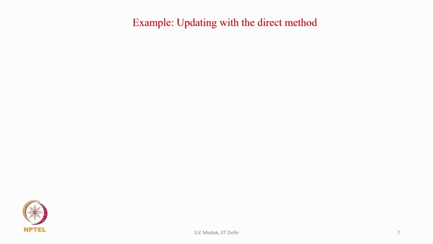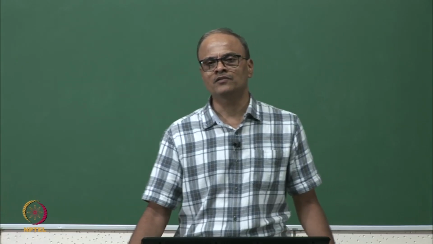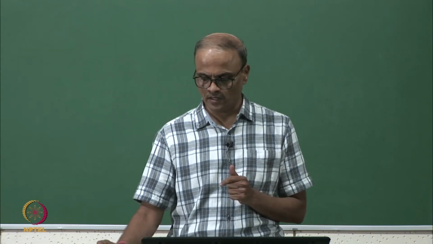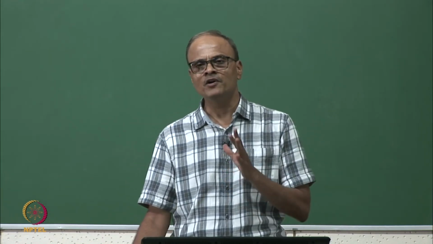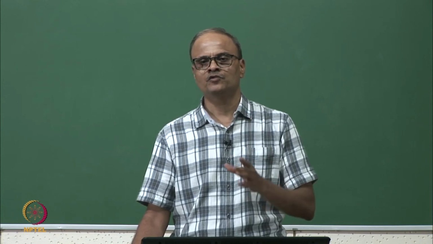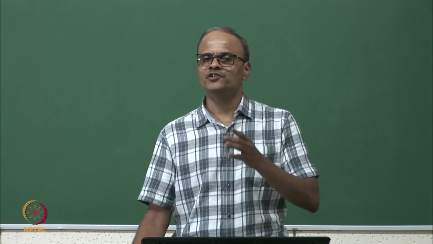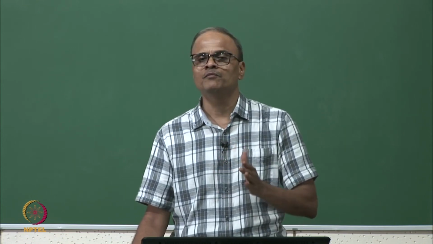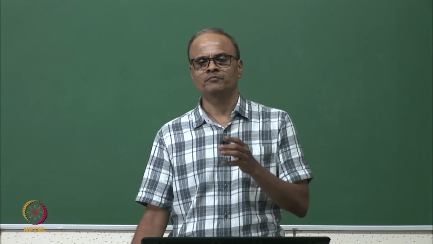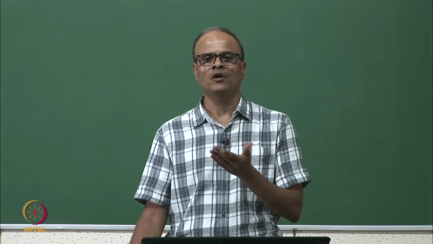So, let us take an example of updating the FE model of a structure using the direct method, and here we are going to take the same cantilever structure we have used in our earlier studies at various stages in earlier lectures. Here we are going to perform a simulated study, which means that the experimental data to be used for updating will be generated by constructing another FE model of the structure, and that FE model will have some discrepancies with respect to the initial FE model which we want to update.